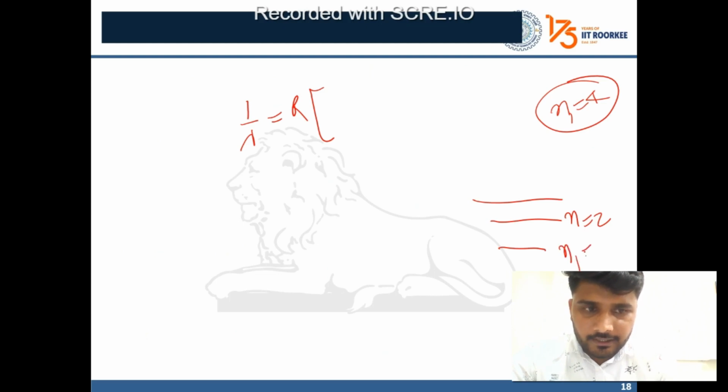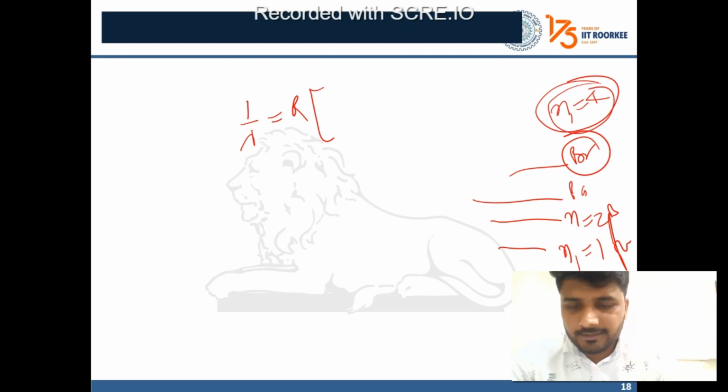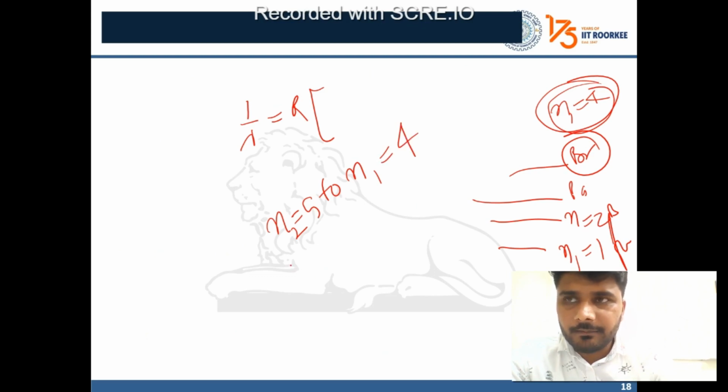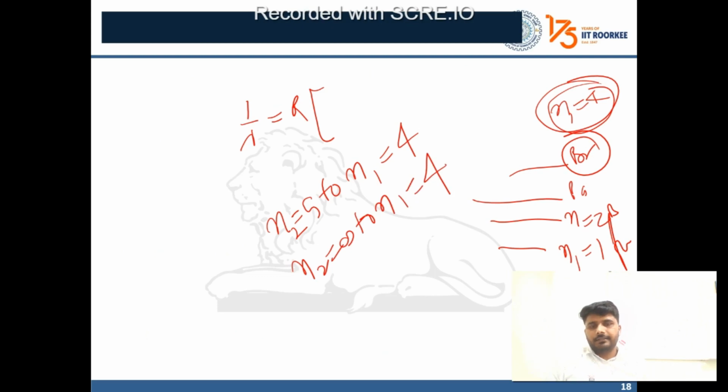Yes, n1 will be 1 for Lyman, then Balmer, then Paschen, then Brackett. So the ground state will be n1 equal to 4 for Brackett, right? So the transition for the largest wavelength will be n2 equal to 5 to n1 equal to 4, and the minimum wavelength transition will be n2 equal to infinity to n1 equal to 4, right?